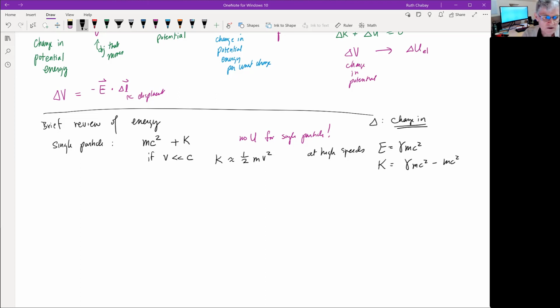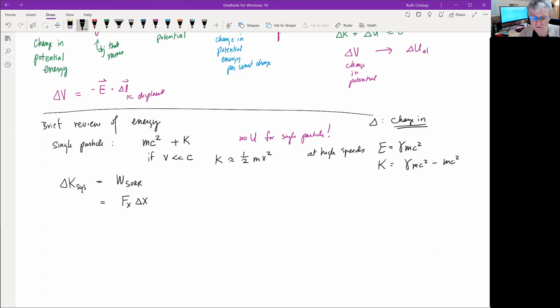So for a single particle system, the change in kinetic energy of a system was just equal to the work done by the surroundings. And we can calculate that because that was just the force by the surroundings times the displacement of the particle in the x direction.